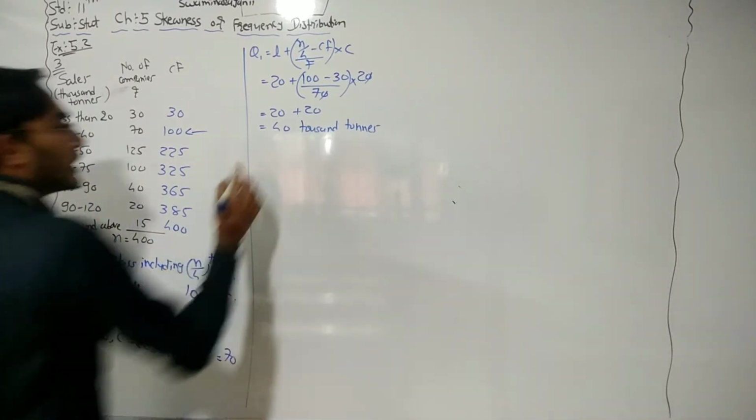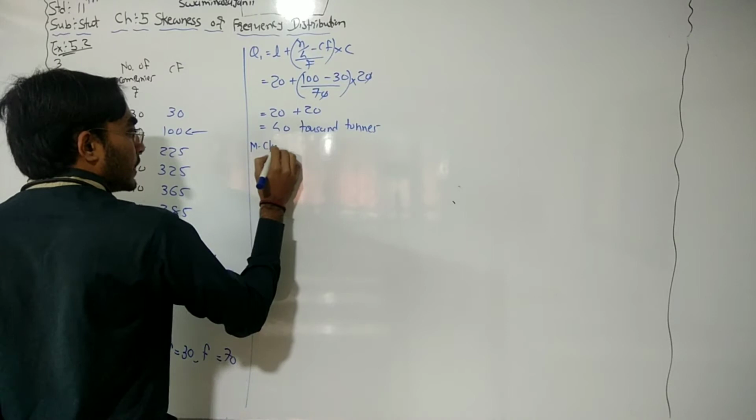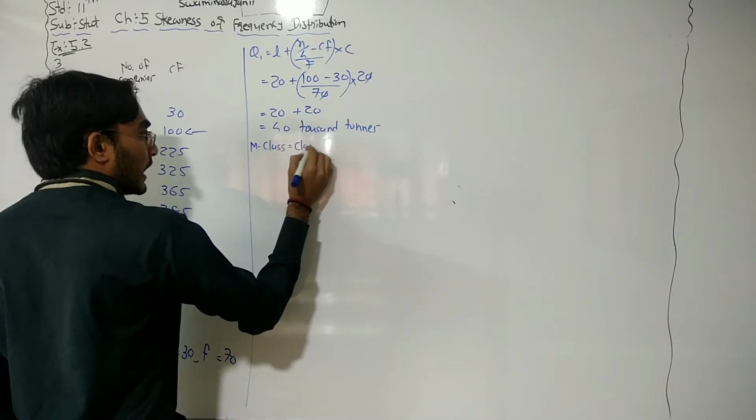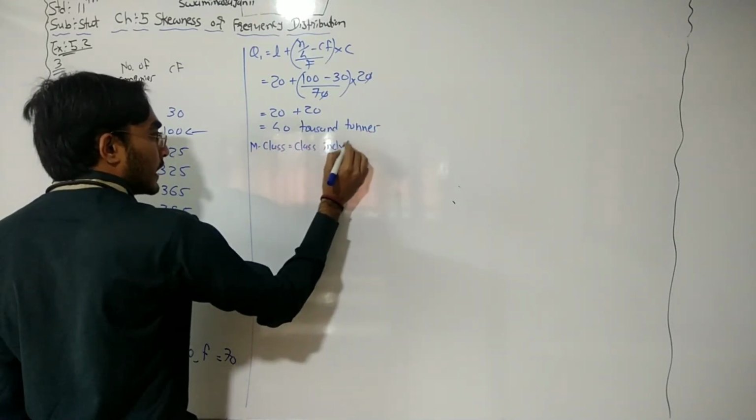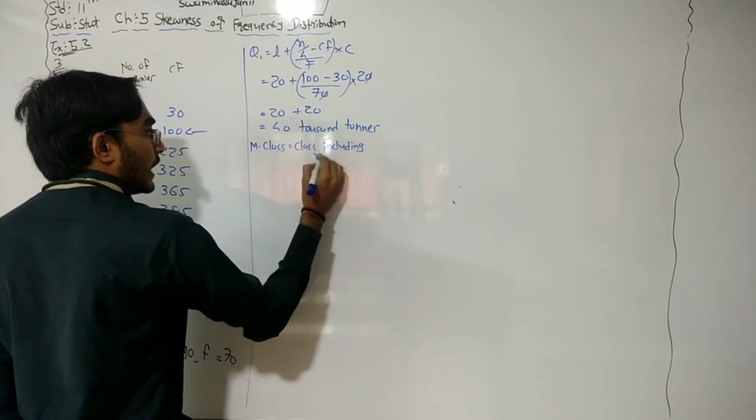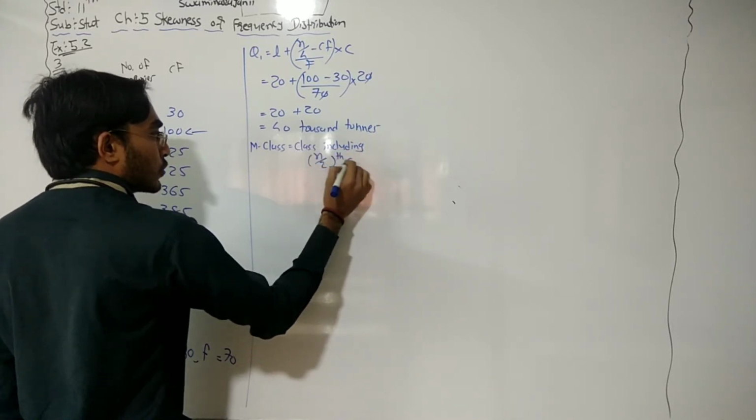For that we require the median class, the class which includes the n by 2th observation.